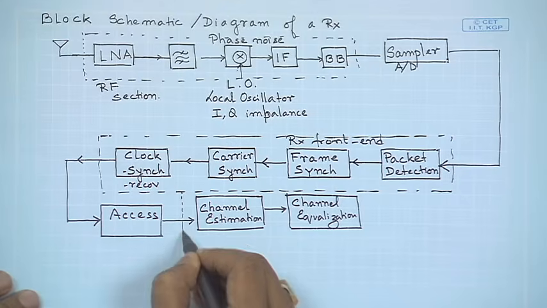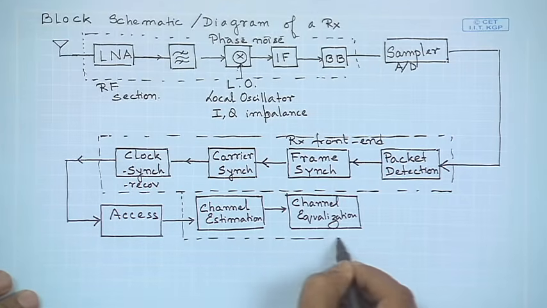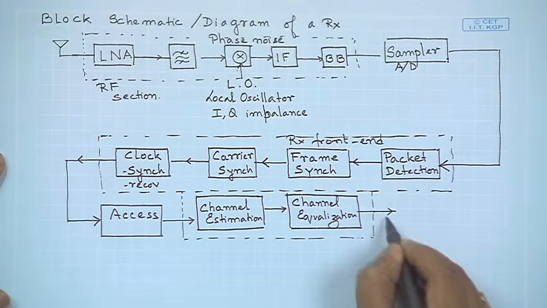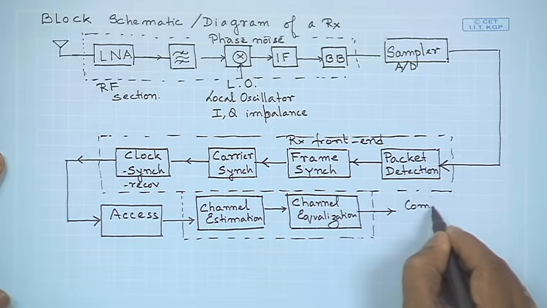Designer has control only on the transmitter and on the receiver. So if the channel is given and the receiver has to reconstruct the transmitted signal, it has to find out what the channel is and then compensate for the effects. If you would remember, we had written a convolution expression with the channel. So it is almost a process of deconvolution that we do in this equalization. So these can also be grouped with the receiver front end. Then after this, there could be something known as the combiner.